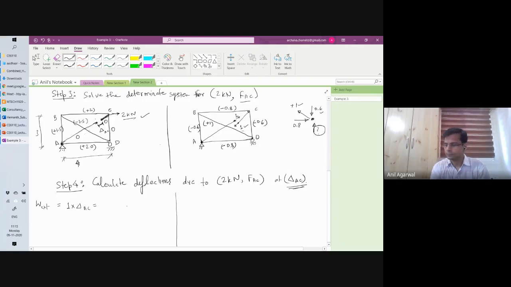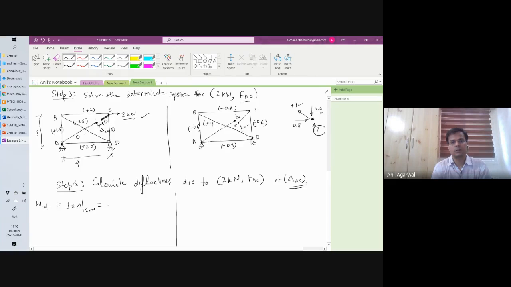Okay. And this delta AC because of 2 kilonewton. So I should not forget to mention that. Or I can write it below also. Since we are talking about only one delta, we will not write delta AC, we will simply write delta due to 2 kilonewton. I'm just trying to reduce the amount of writing.